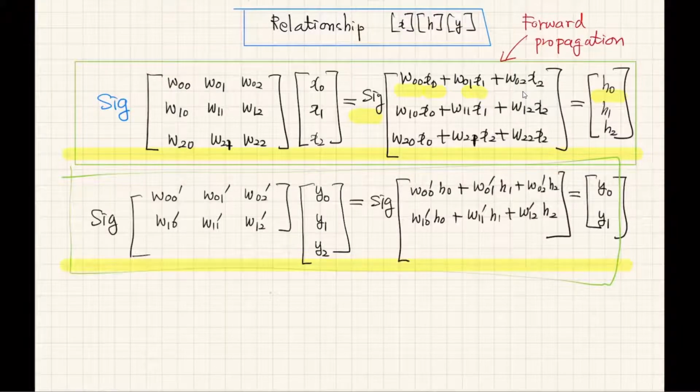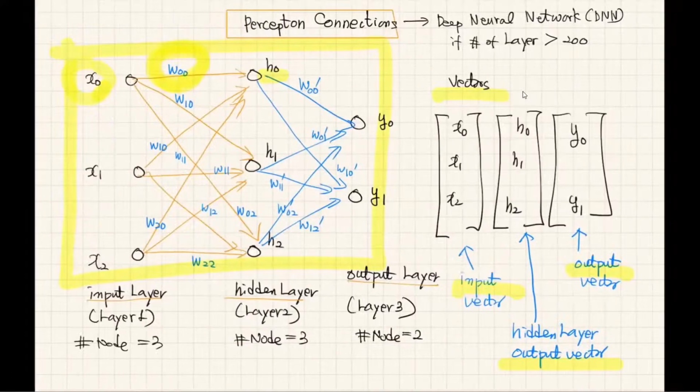Now, in the second part of this perceptron connection, I want to make a relationship between the hidden layer output vector and the total output vector. That also can be described by the matrix formulation using this weight matrix.